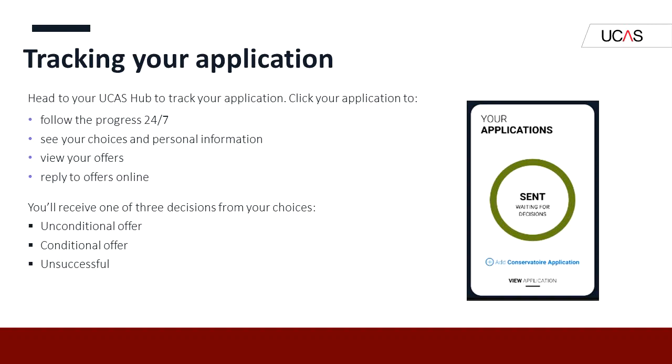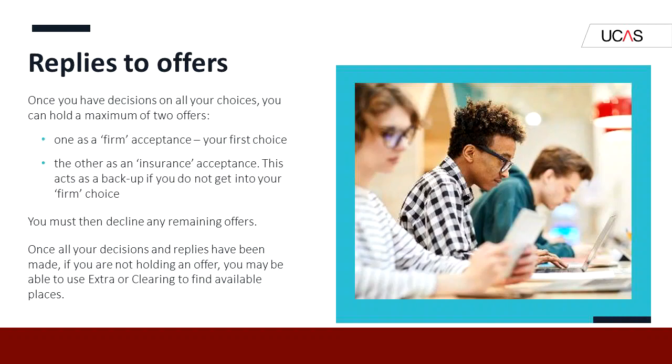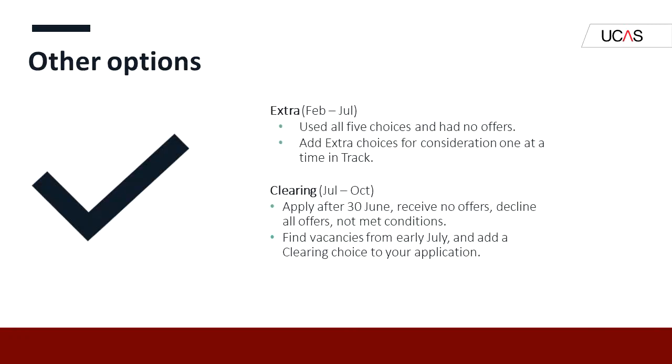So remember earlier on, I was talking about your firm and insurance choices. This is where you'll be doing that, and it will show the information as it comes in from the universities in question. When you've got decisions on all your choices, that's when you'll be making those firm and insurance decisions. It's important that you do that within any time frame specified by UCAS.